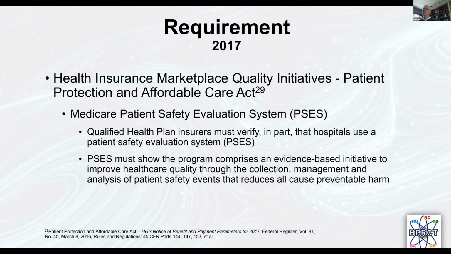In this, they put together one requirement that said you must have a patient safety evaluation system where the hospital looks at risk and it quantifies and qualifies, and based on evidence presented in regards to real empirical data, you look at correcting these issues, managing them, and analyzing these events to prevent all preventable harm.